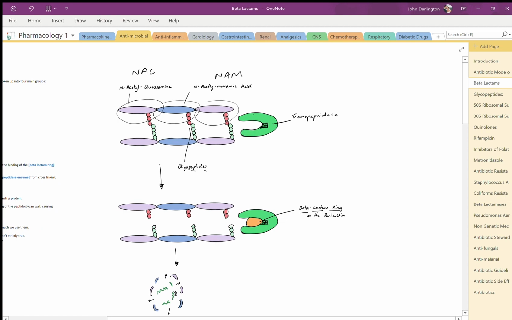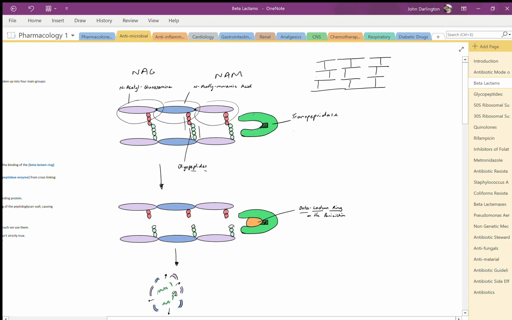And then cross-linking them, you have these proteins called oligopeptides. So the wall is literally made up like a wall. So you have your sugar molecules, and then your proteins, and then your sugar molecules, then your proteins, then your sugar molecules, then your proteins, and you get the gist, and you literally create a cell wall.